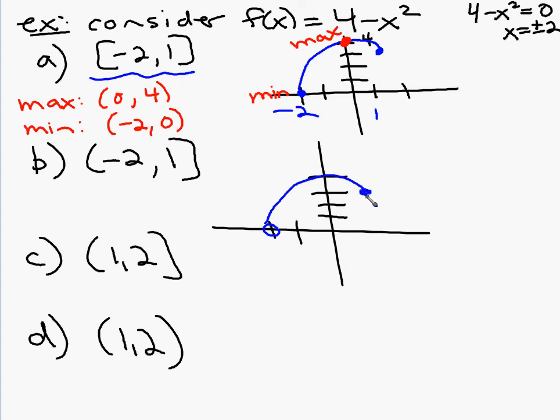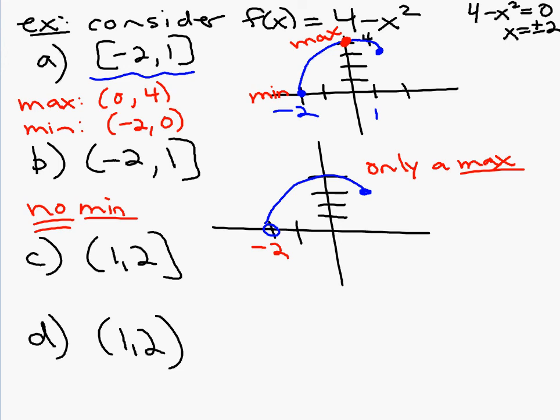So there is only a maximum. The reason there is no minimum is because there's no end point down there. And I can always find another value closer and closer and closer to this negative 2. So there is no minimum. Okay?